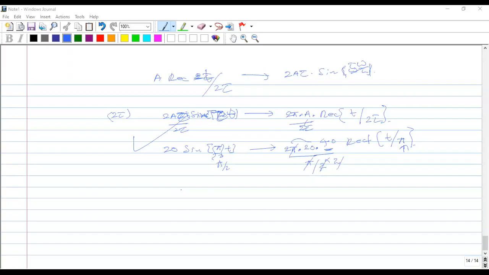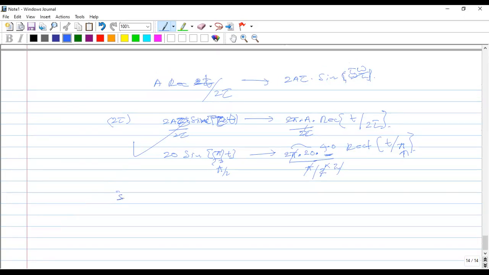So the other thing is that you asked to evaluate the Sinc square function, this kind of function's Fourier spectrum.